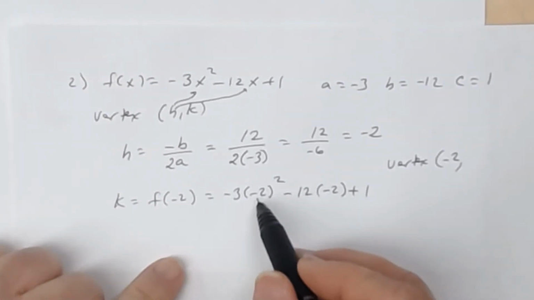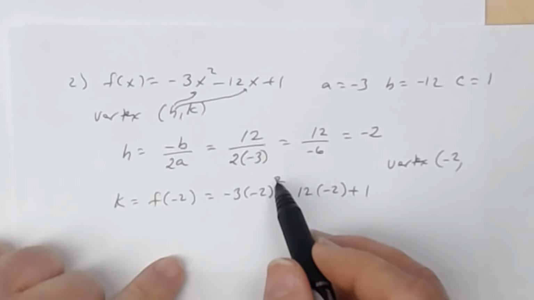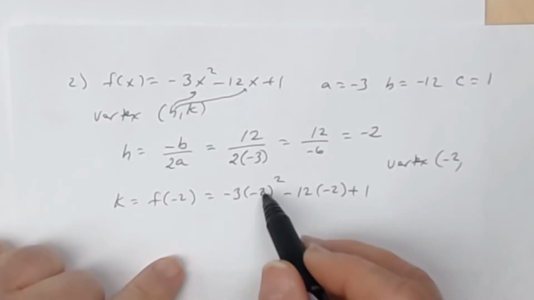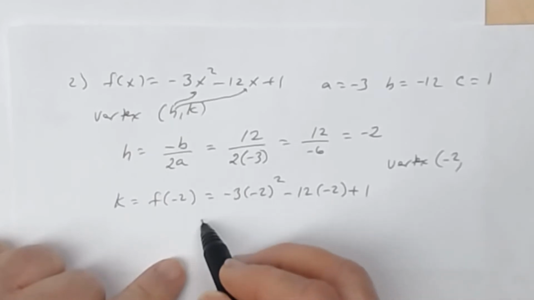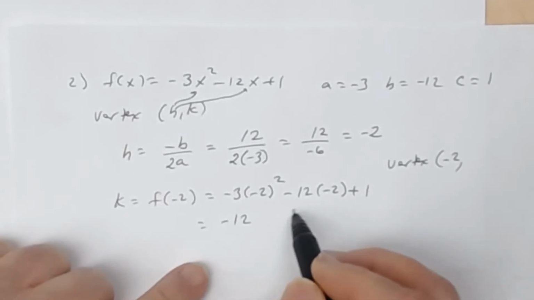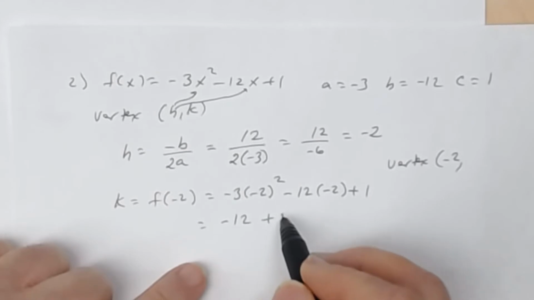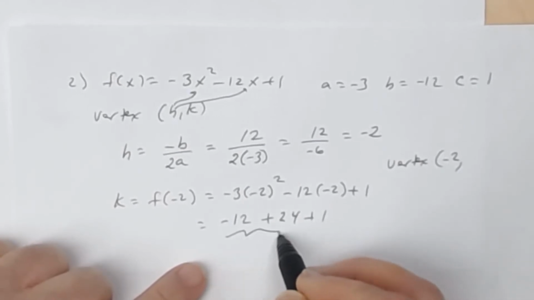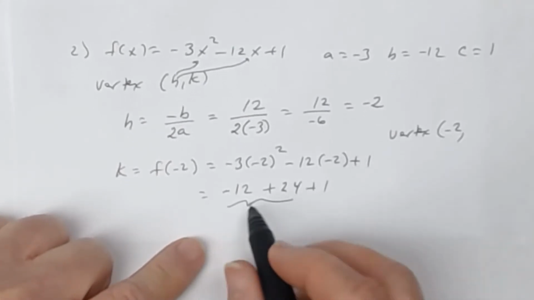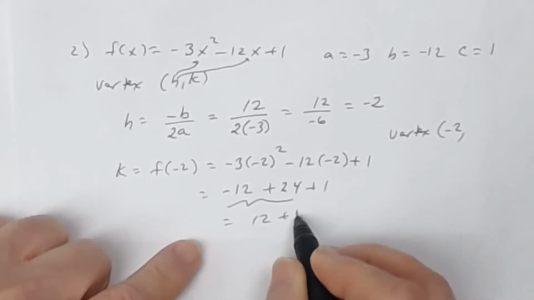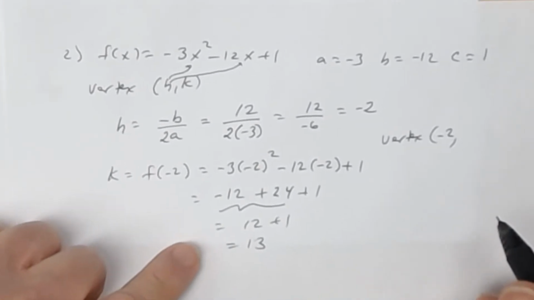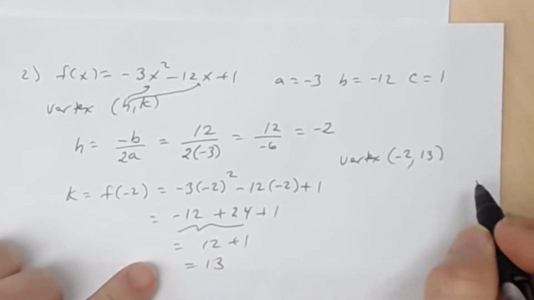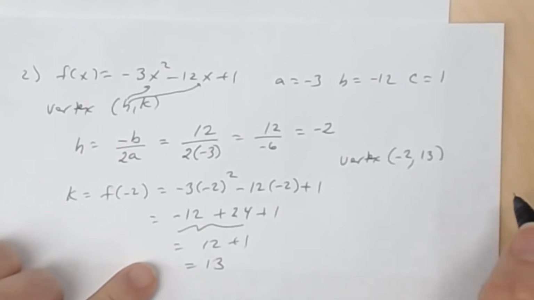So negative 2 squared is a positive 4. Remember, order of operation, you do the exponents first. Negative 2 squared is a positive 4. 4 times negative 3 is a negative 12. A negative 12 times 2 is a positive 24. And plus 1. So negative 12 plus 24 is a positive 12. 12 plus 1 is 13. So my vertex is negative 2, 13. That's your vertex. All right?